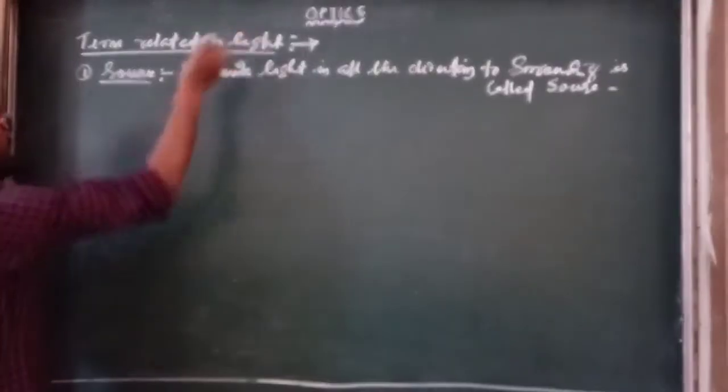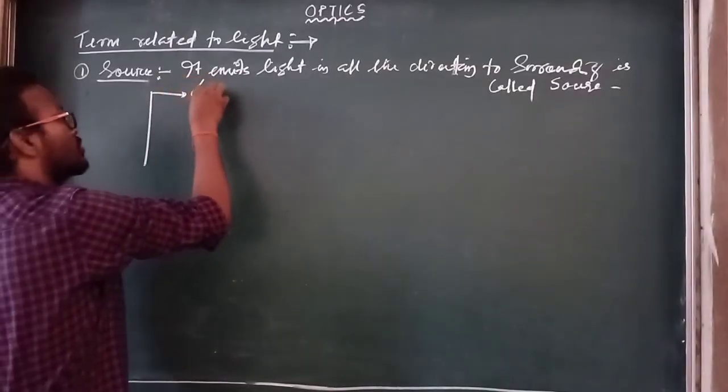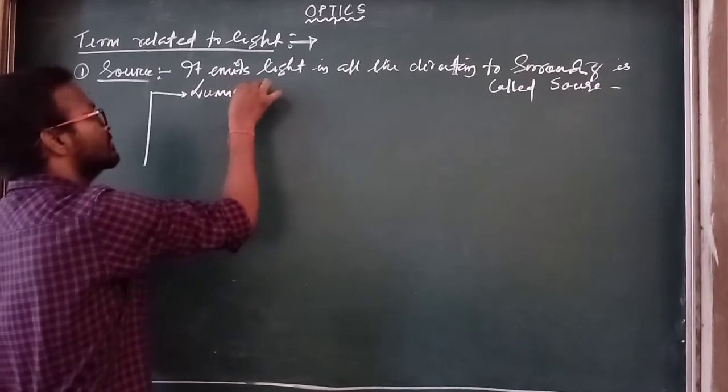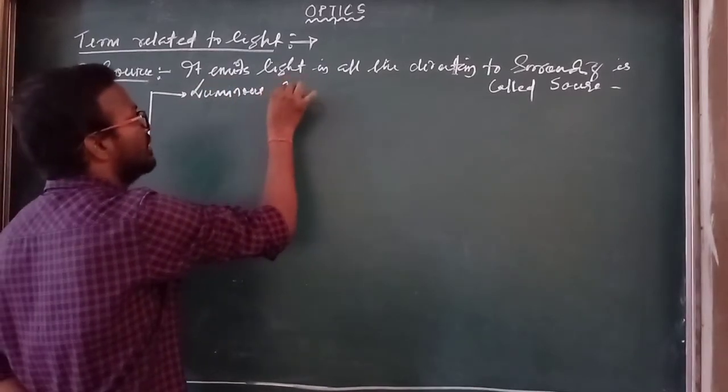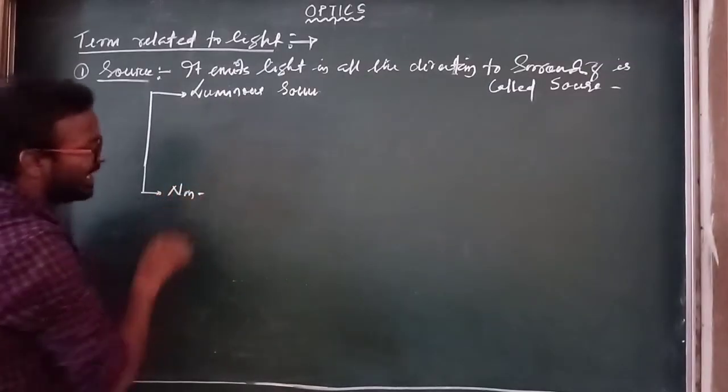There are different types of source. The first one is known as luminous source, and the second one is non-luminous source, or illuminated source.